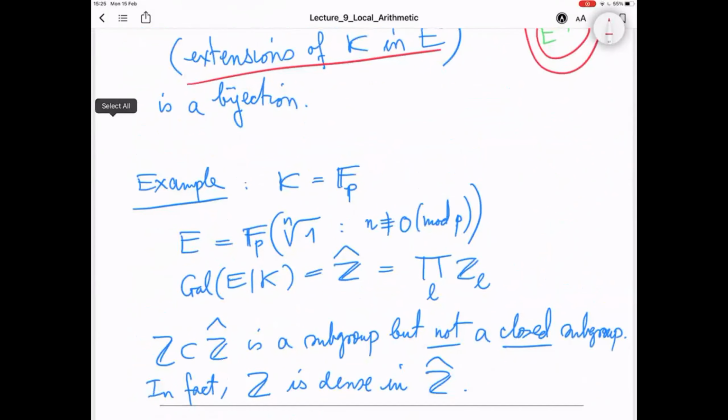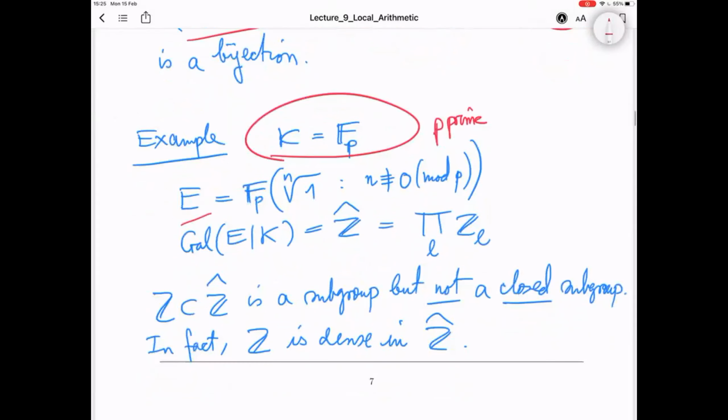Anyway, here is an example where you take your K to be the field Fp, where p is of course a prime, and you define E by adjoining to Fp the nth roots of 1 for every n which is prime to p. So what does this symbol zeta mean?